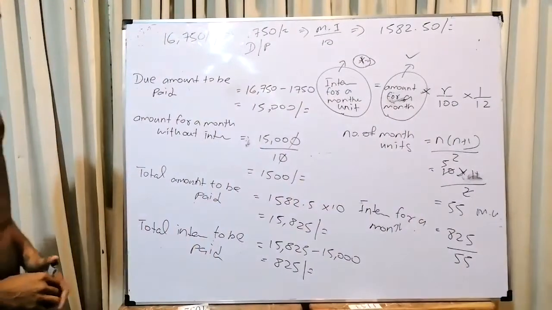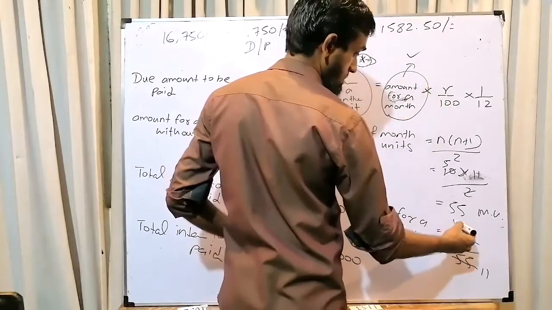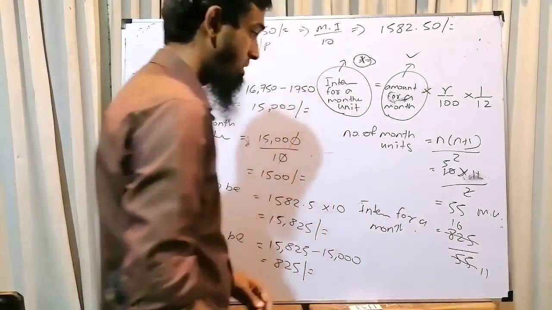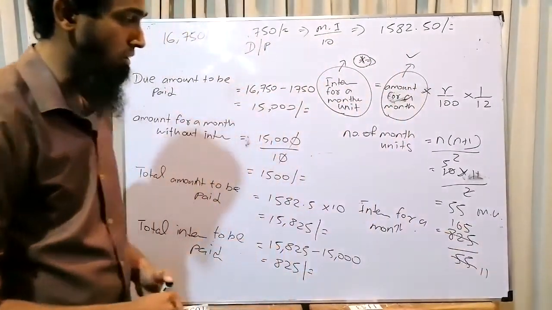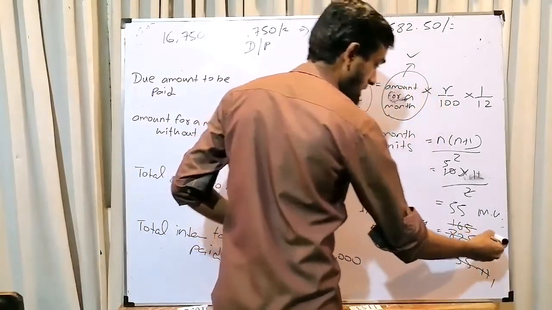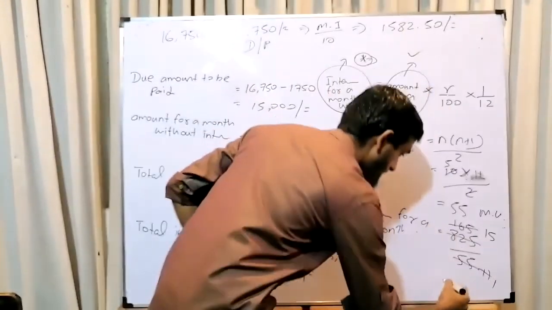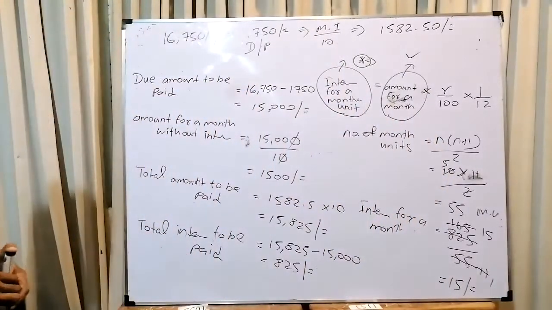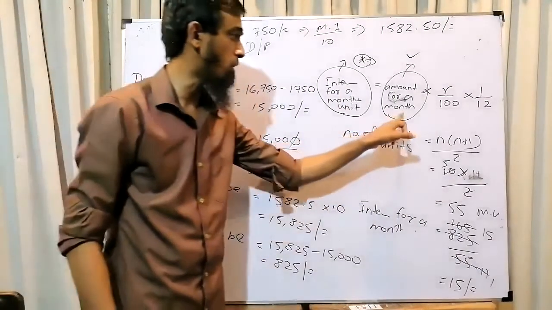Divided by 5, it's 165. Then we can divide by 11. 11 times 15 is 165, so it is 15 rupees. So we found the interest for a month unit.